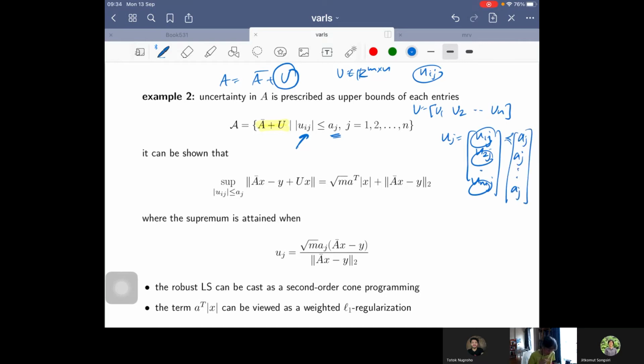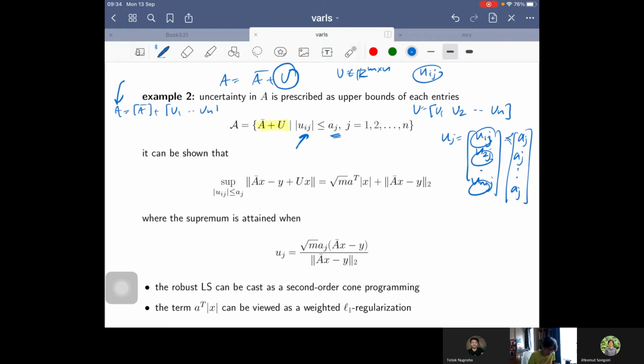Remember that when you have a matrix A bar plus U, each column of A represents measurement values of a predictor, an input variable.